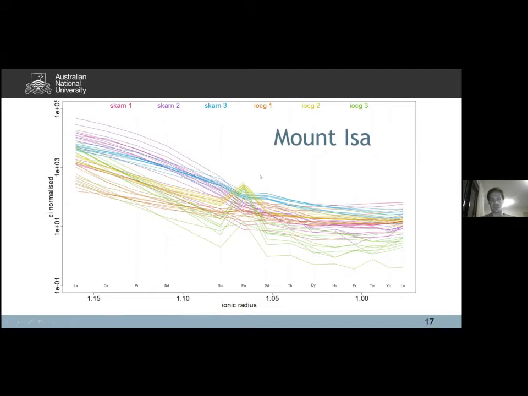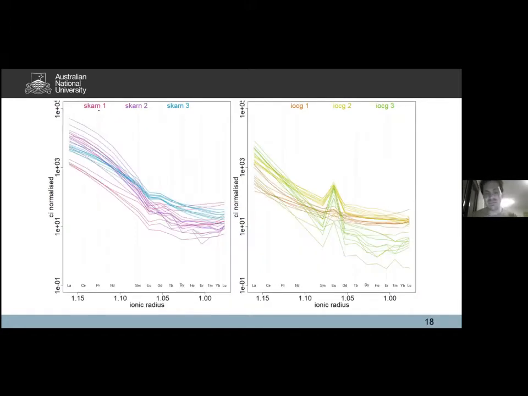You see, there's this huge jumble of many patterns, and if you look at it for a while, maybe you can see that the ICGs here have positive europium anomalies, and the scans in here have maybe slightly more light earth elements than the others. But it's a bit hard to see what's happening here because there are so many patterns. We can try and split them, which makes it a bit easier to see what is happening, and we can split them even more.